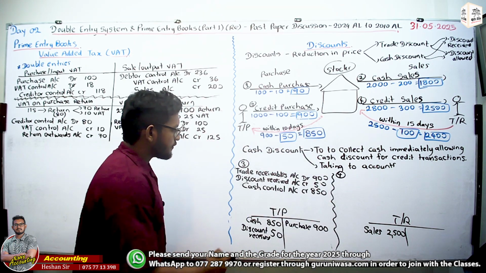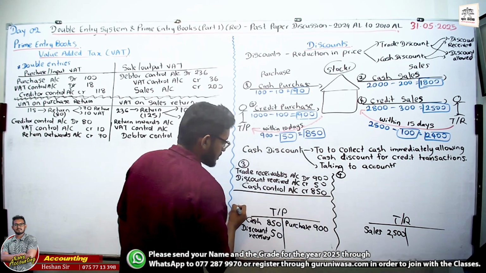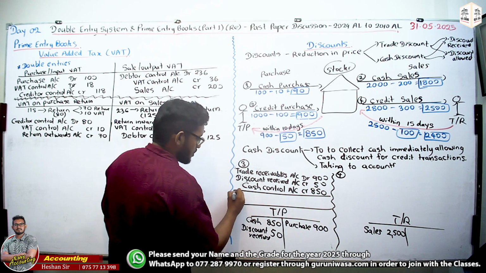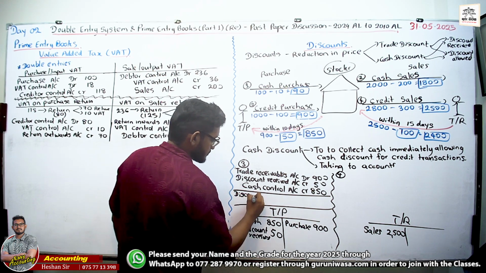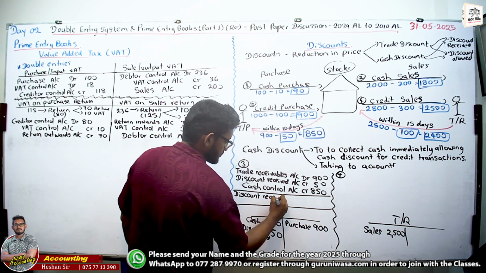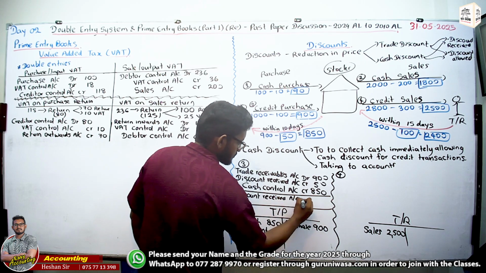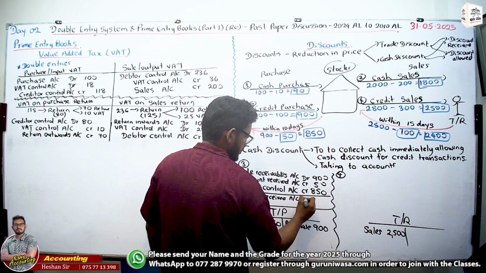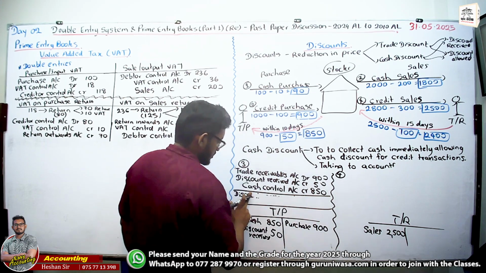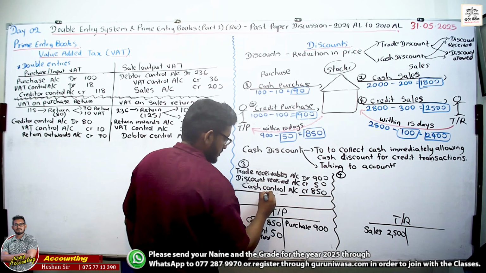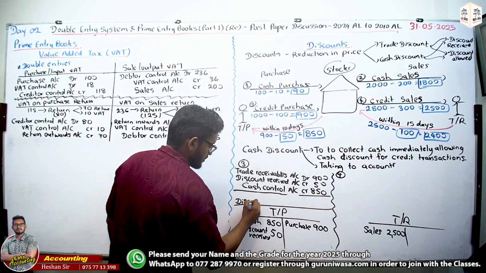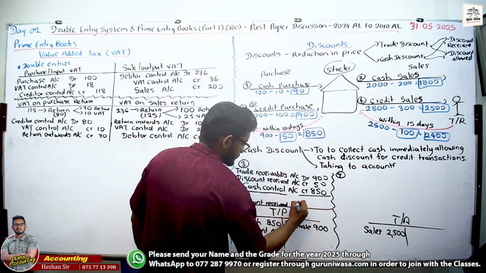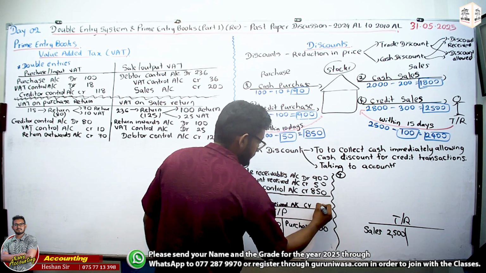Now if I ask you only the double entry relevant to discount received: discount received account credit, it is an income increase. Discount received account credit 50.